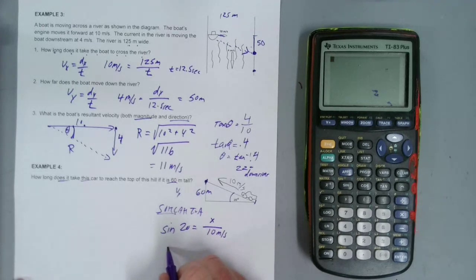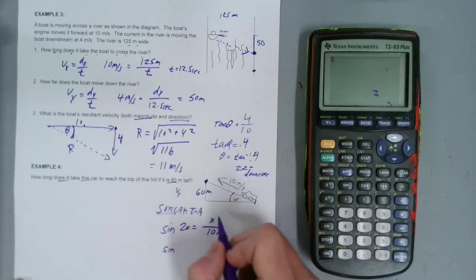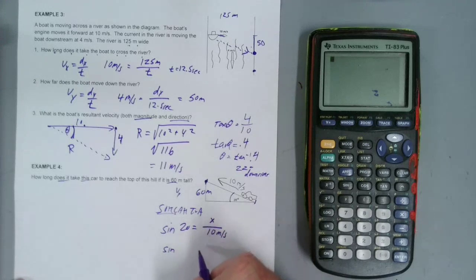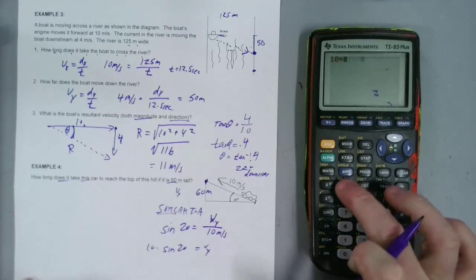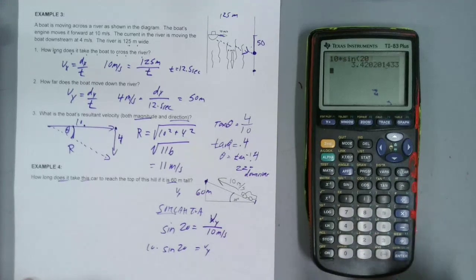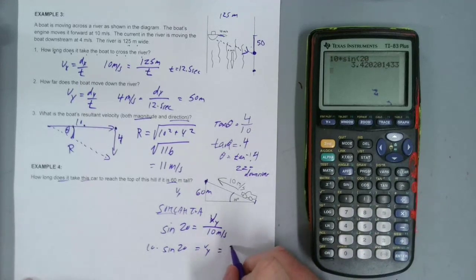So my opposite, my up velocity, my Vy, is 10 times the sine of 20. So 10 times sine of 20. So my Vy is 3.4 meters per second. So we're going up at 3.4 meters per second.